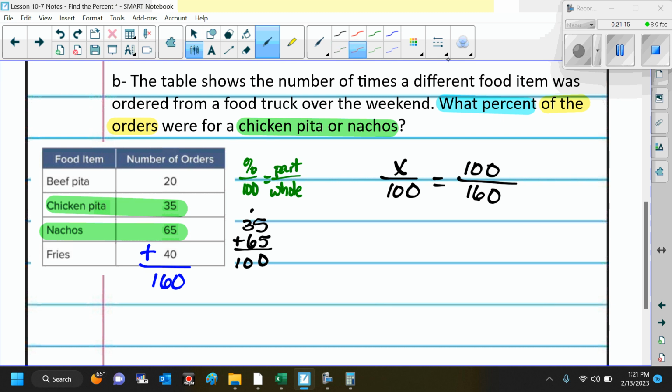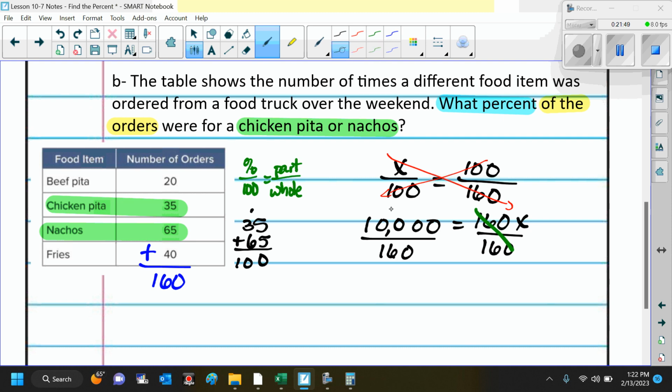And now we can cross multiply. I could simplify before we do this, but we got calculators, so it doesn't matter. So we've got 100 times 100. That's going to be 1 with 4 zeros. And then on the other side, we have x times 160. That's 160x. And then to get the x by itself, you're going to divide by 160 on both sides.